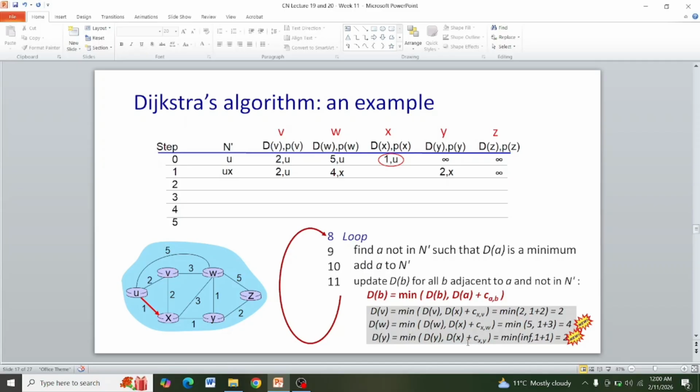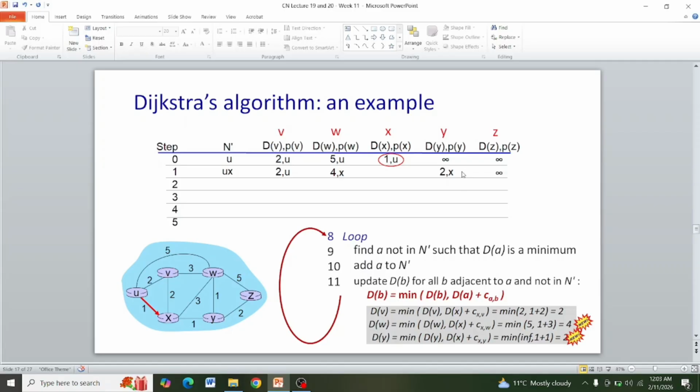So we will update these costs in the next slide. Here we can see that we have entered the new costs. The cost of D(V) remains the same, the cost of D(W) is updated to 4, and the cost of D(Y) is now 2 instead of infinity.